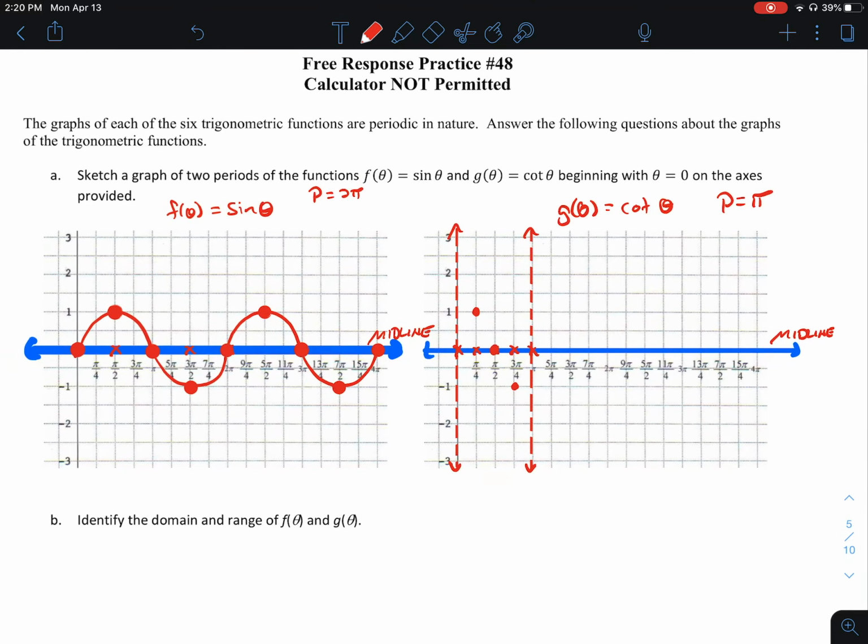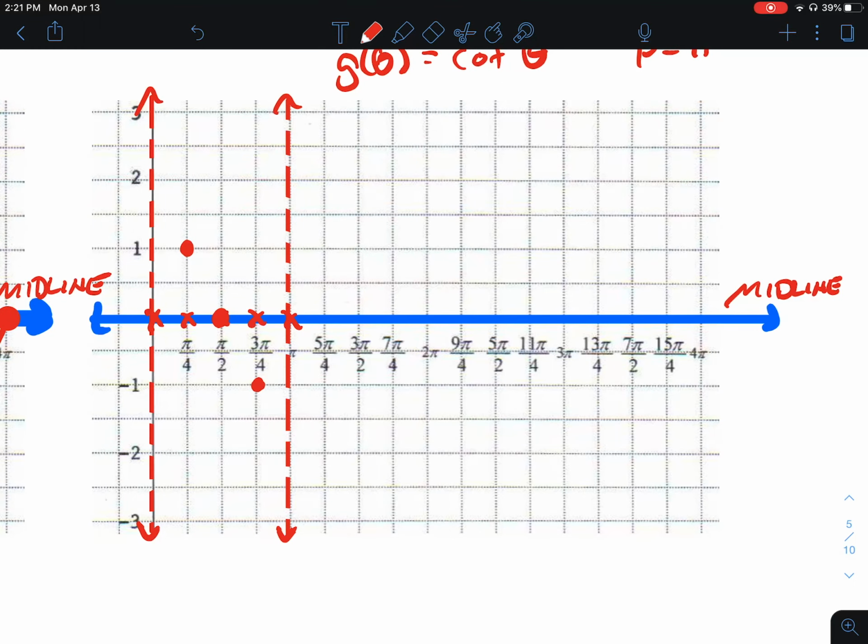The directions we were supposed to sketch it on the axes provided, it says sketch 2 periods. So this is one of my periods. And then to graph another, if I look at my spacing, every pi over 4, I'm going to have a dot.